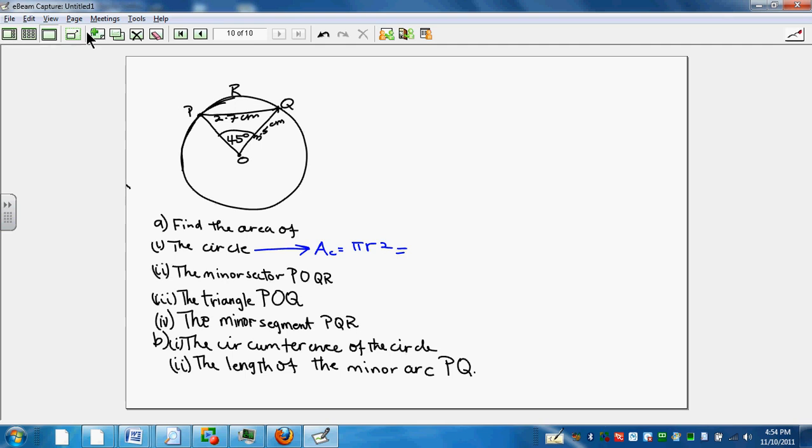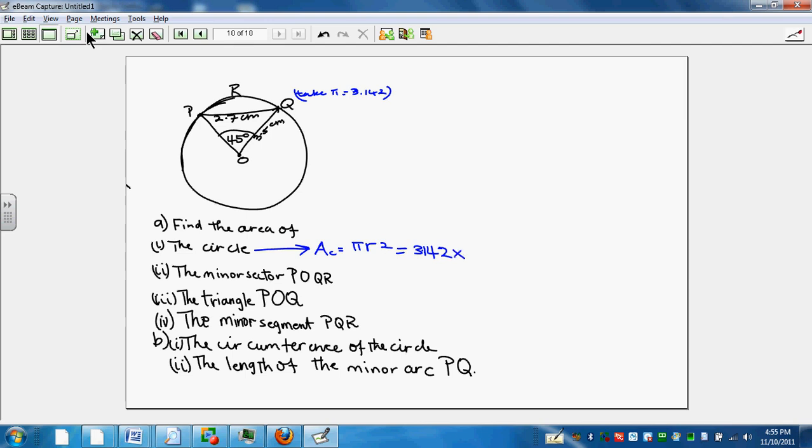In this one, they said in the question to take pi to be equal to 3.142. So that's what we'll use for pi, 3.142, and we multiply by r squared.